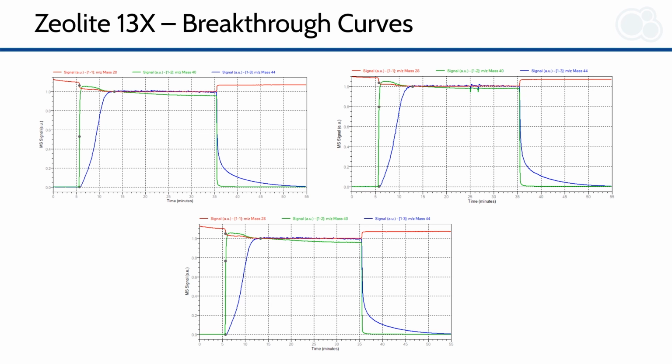Looking at this for our zeolite 13X, we have very similar looking breakthrough curves, where we can see once again we have very, very sharp breakthrough of our argon, our inert tracer gas, which is what we would expect at roughly 5 minutes, and then a sharp decrease again at 35 minutes.